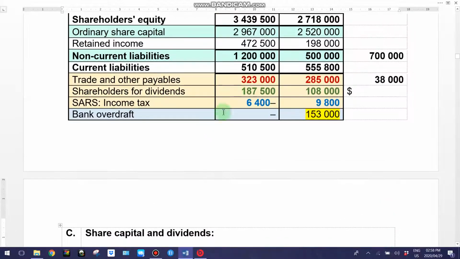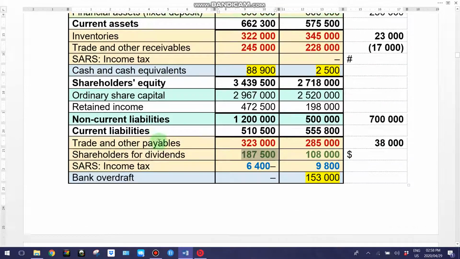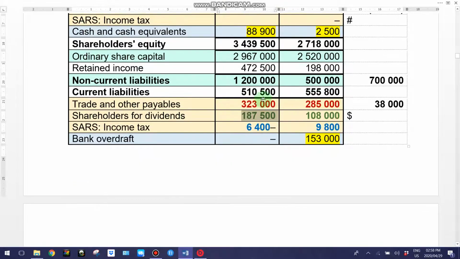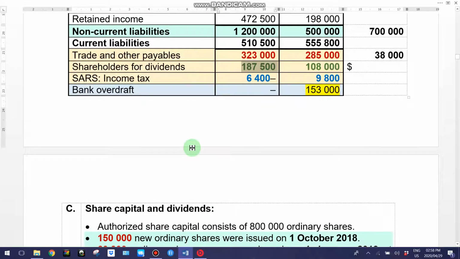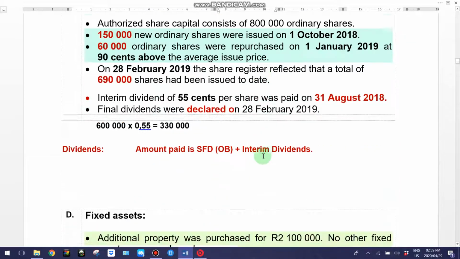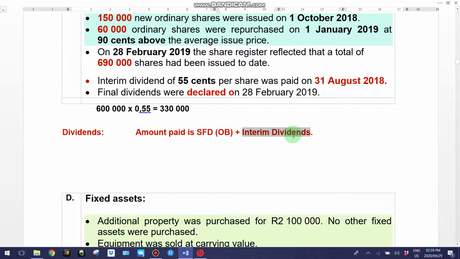The final dividend is always the shareholders for dividend at the end of the year. It's on the balance sheet. So you look at the closing balance, this amount is always your final dividends. So you want interim dividends. And if you are given total dividends, you simply subtract the final dividends, and you will get your answer for your interim dividends.